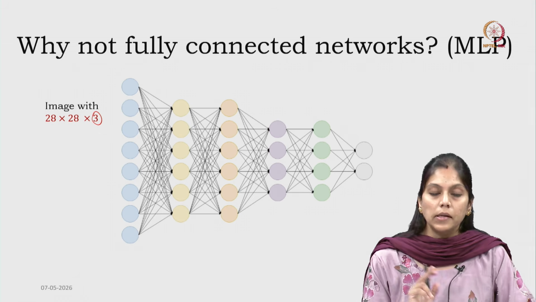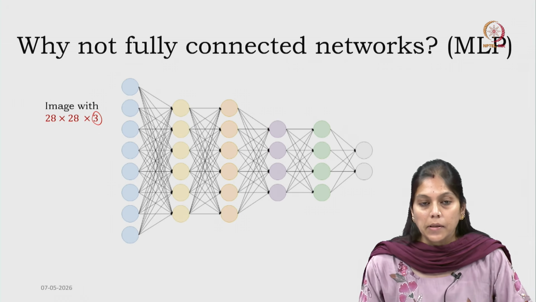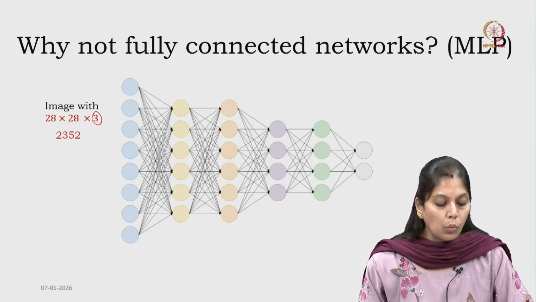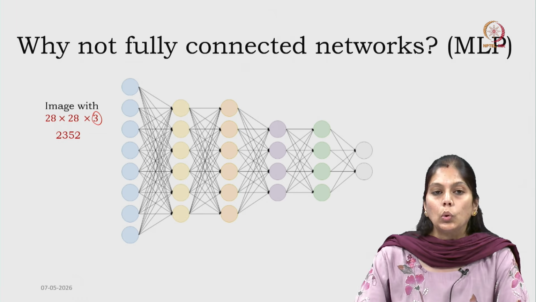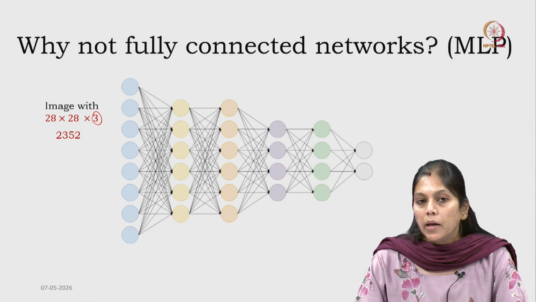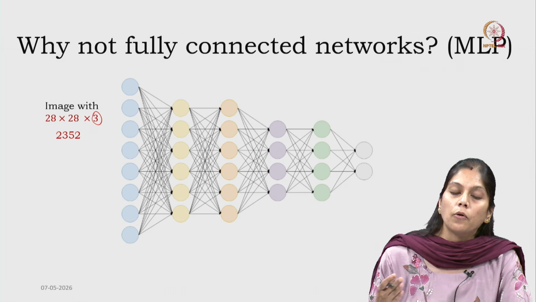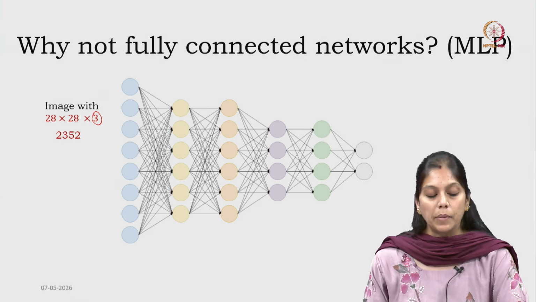If we have to pass this into a multi-layer perceptron, we have to convert it into a single vector. When we multiply, we get 2352, which means the input size here is 2352. We have this many features that we are passing into a multi-layer perceptron.